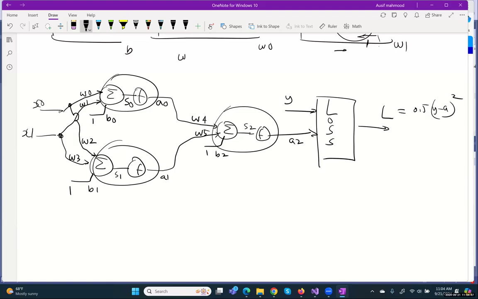W0 through W4, W5, and B0, B1, B2. How many is that? 9. So you can start to see that even for a 3 neuron network, we have to compute 9 derivatives.